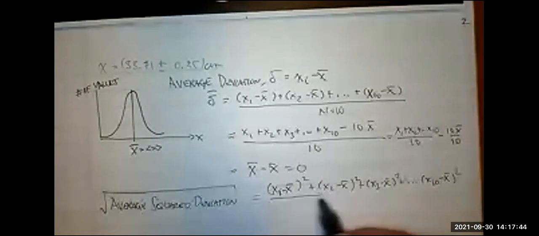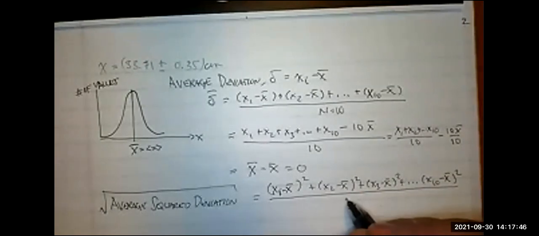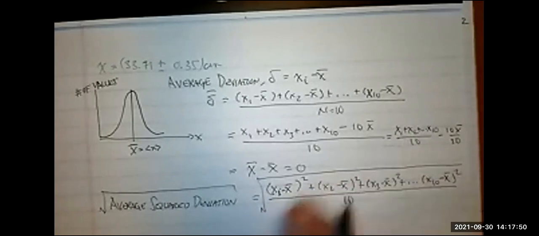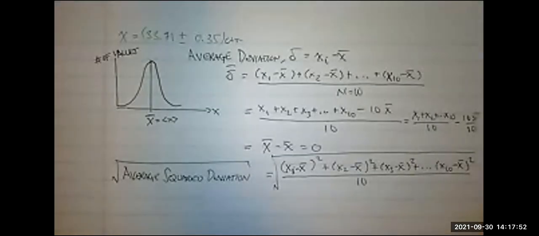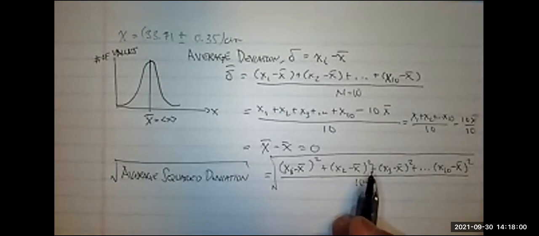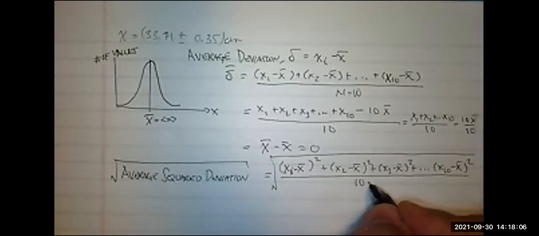And then ideally, you would want to just divide it by 10 and then take the square root. And that sort of works, but it turns out statistically, that's not a very good thing. In other words, this value gives you a little bit too small of a value to really accurately give you statistics, okay? So it turns out what we really want to do is subtract a 1 from that.